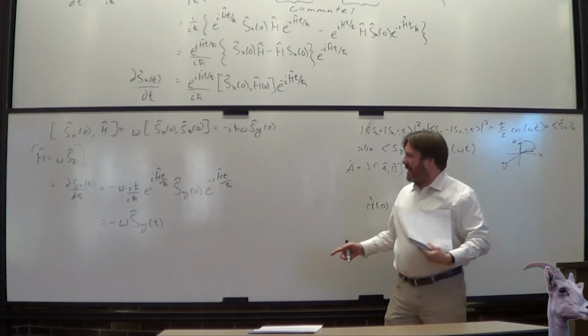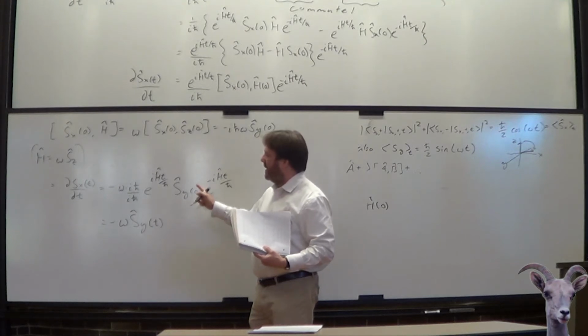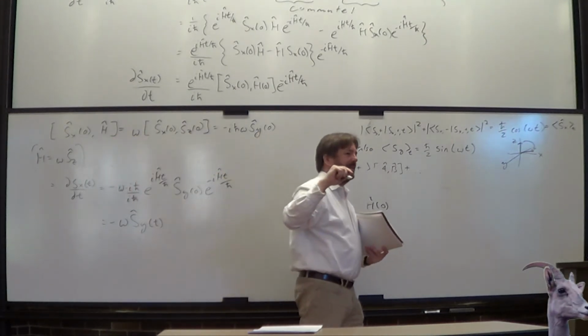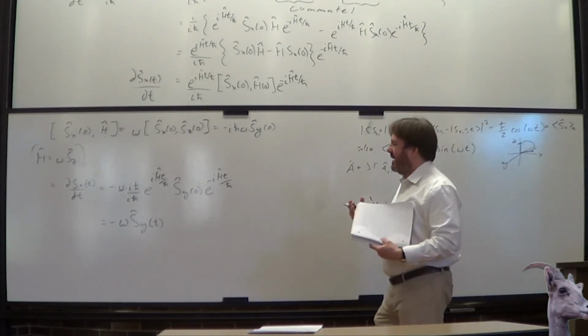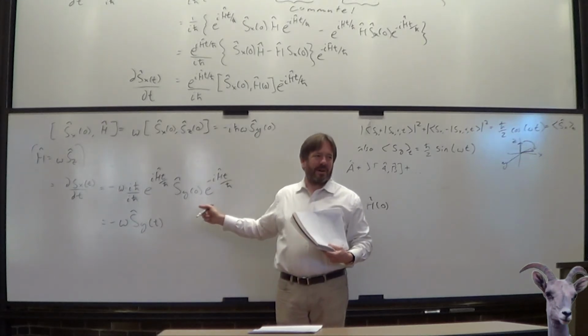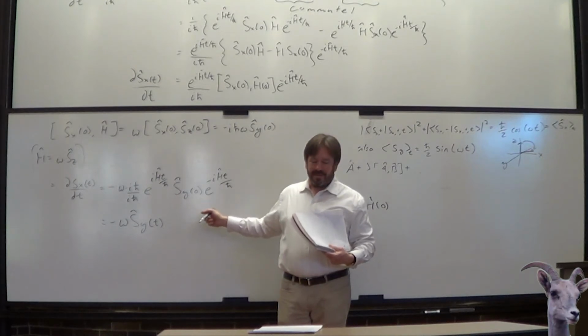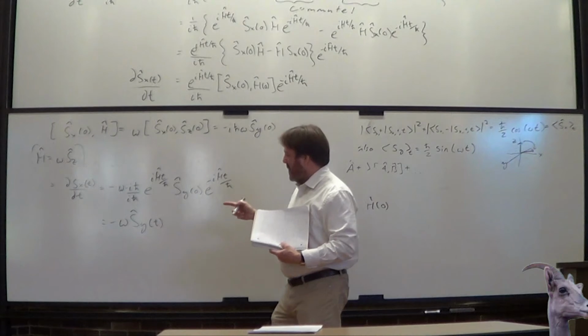Right now, Sy does not time evolve, as we have seen so many times now. If it commutes with the Hamiltonian, then it would not evolve in time. But just like Sx, Sy does not commute with the Hamiltonian. Only Sz would commute with the Hamiltonian, because the Hamiltonian is basically Sz.